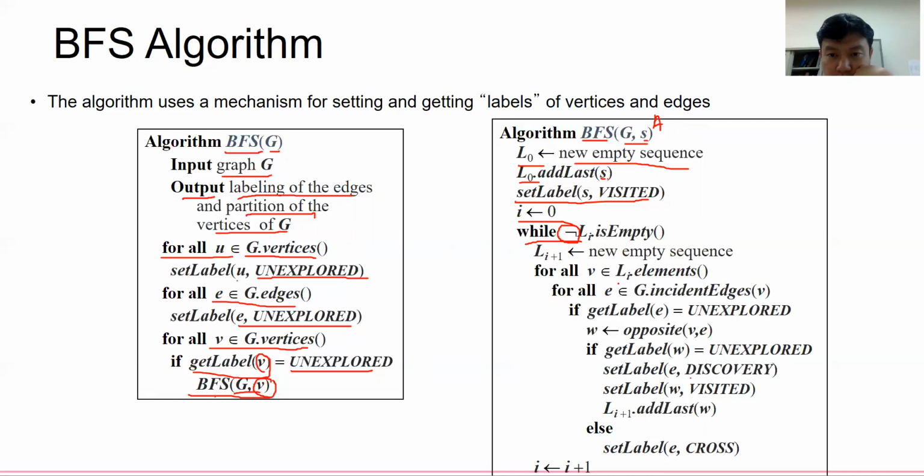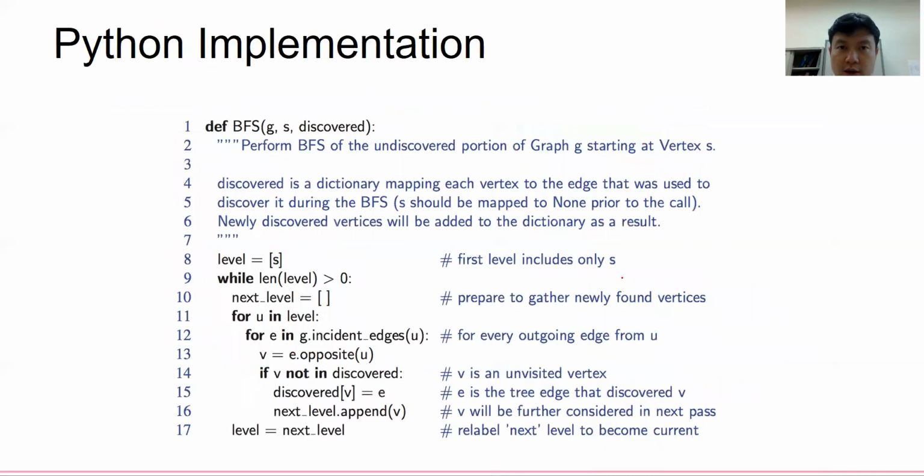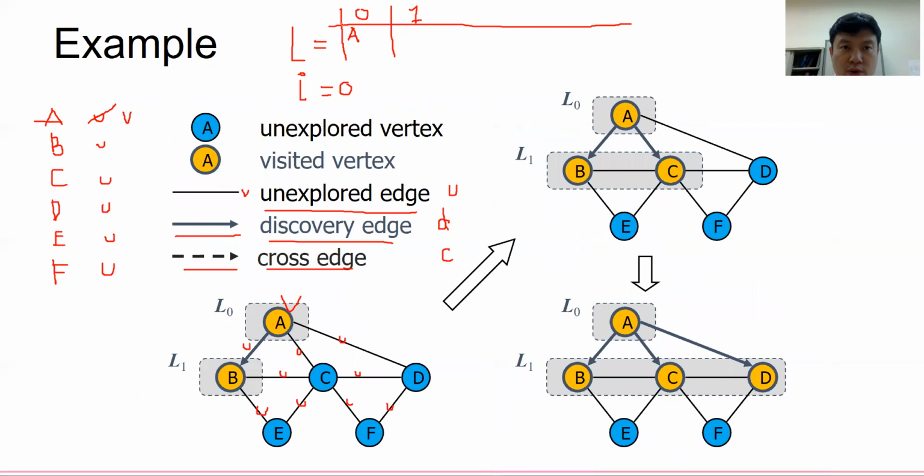And then I would like to check all the L1 elements. Now I equals to 0. So what is the Li? I want to go to A. A is the element in L0.